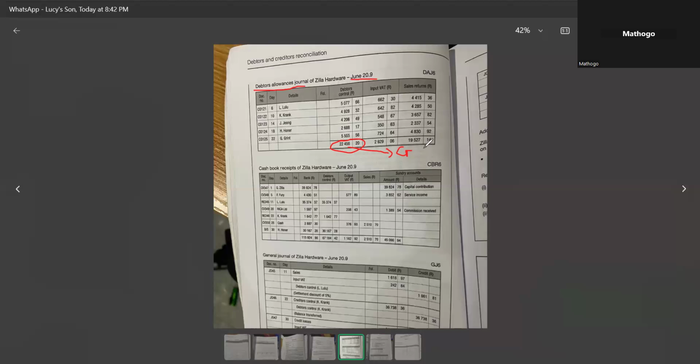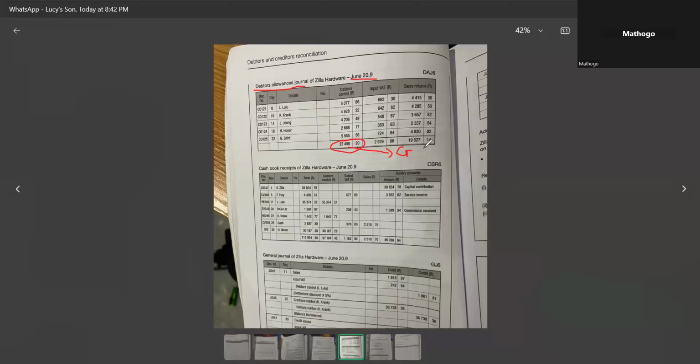It doesn't reduce. So isn't it the credit side? Are you sure? When you say reduce, I'm not sure what you mean. To reduce means to go down, to decrease.